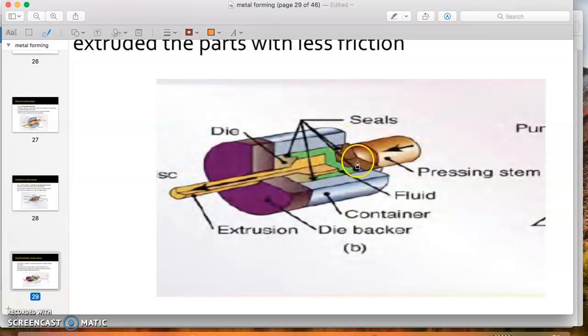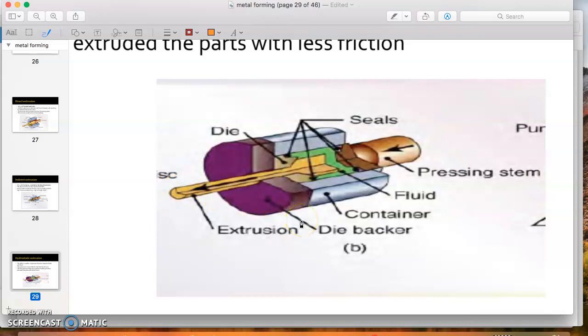Then we push the pressing stem to the left, and it will compress the fluid or oil inside this area and increase the pressure of the fluid. The pressure of the fluid will push the raw material towards the opening of the die, and the material will flow through the opening and go out from the die with a smaller diameter.